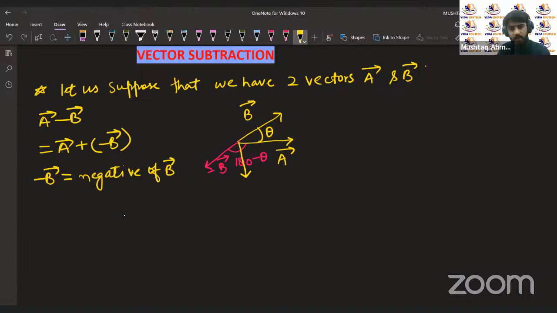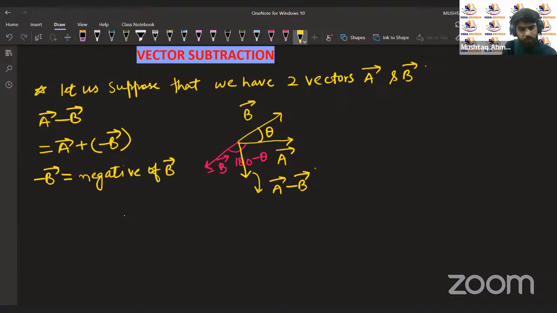So this vector is going to be A vector minus B vector. It's just like we're adding A vector and minus B vector, and A vector minus B vector is the resultant of the two, and the angle between them is now 180 minus theta. So the angle between A and B was theta, but the angle between A and minus B is 180 minus theta.